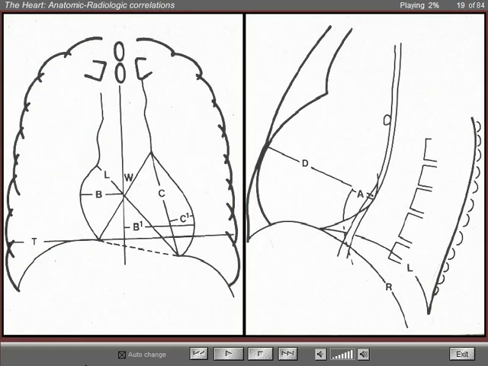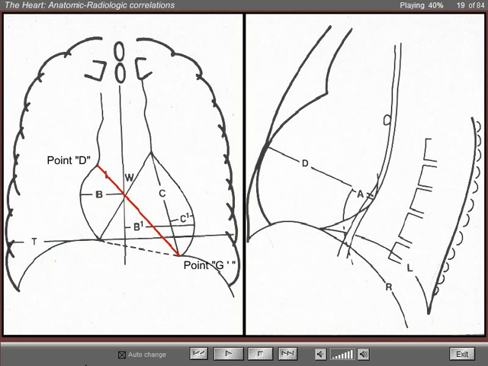A better way of establishing heart size is to do volumetric studies. This consists of looking at frontal and lateral views of the chest. In the frontal one, we multiply the maximum longitudinal diameter, which goes from point D to point G prime. Point G prime is the junction of the left ventricle with the left dome of the diaphragm.